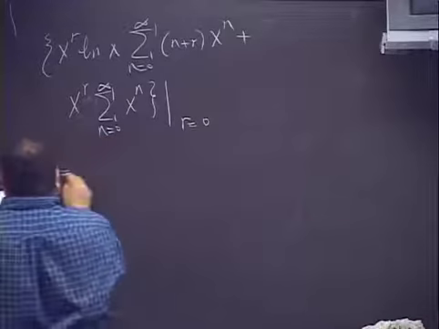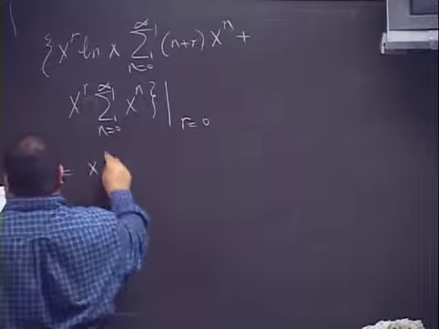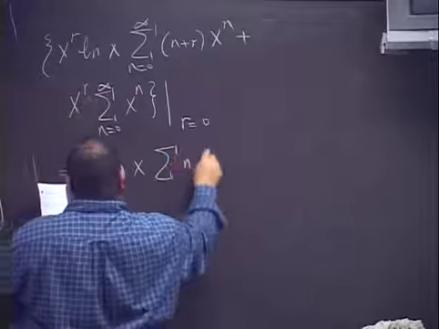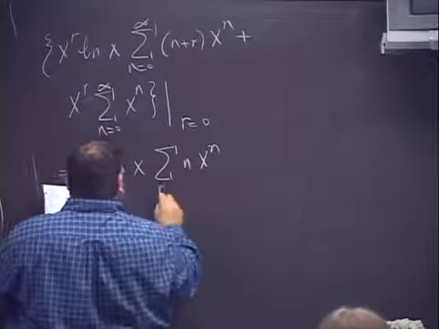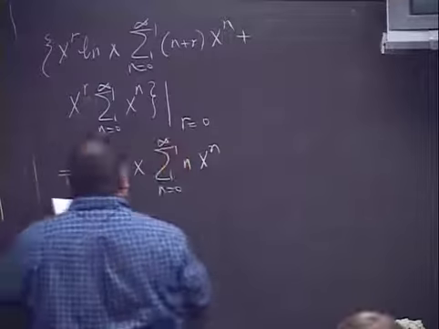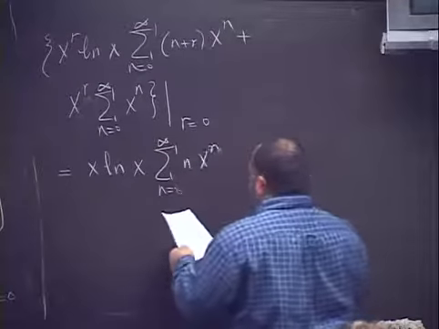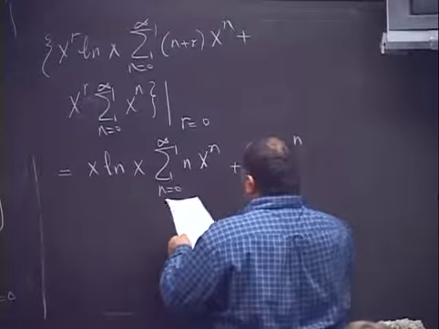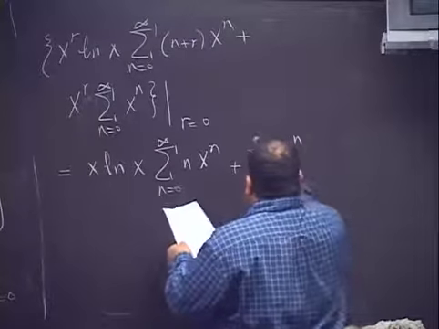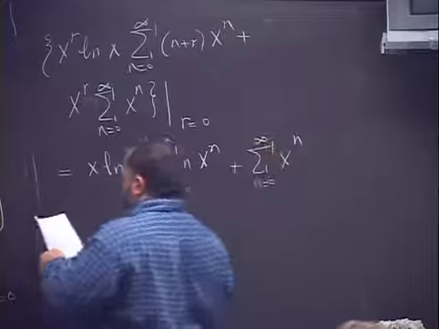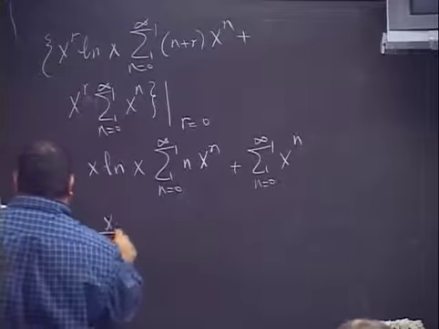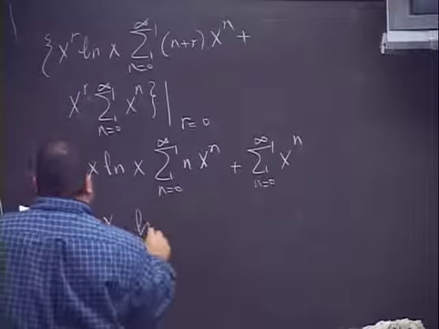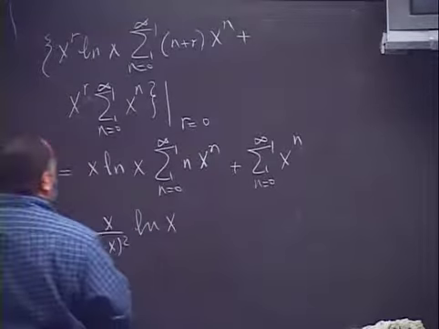When you evaluate it, this will give you x ln x, the summation of n x to the power of n from n equals 0 to infinity, plus the summation of x to the power of n from n equals 0 to infinity. The first term will give you x divided by (1 minus x) all squared multiplied by ln x.